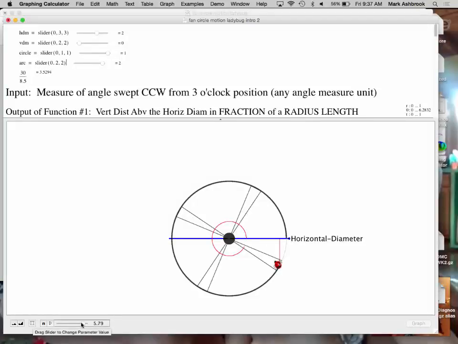Okay, what about now? So for this particular angle, what's the value of this output quantity? Vertical distance above the horizontal diameter as a fraction of the radius. Yeah, so first of all, since we're measuring above the horizontal diameter, how are we going to mathematically show that we're below?